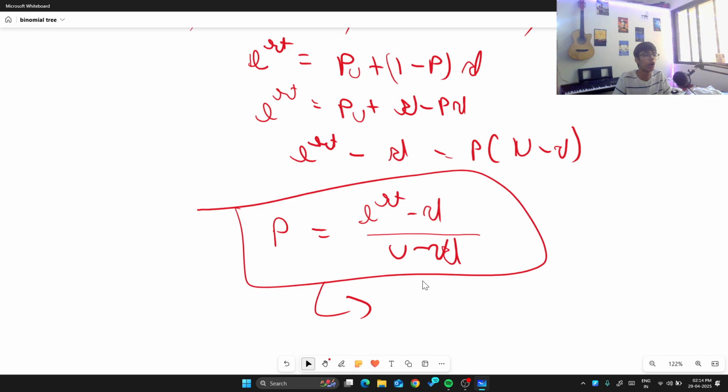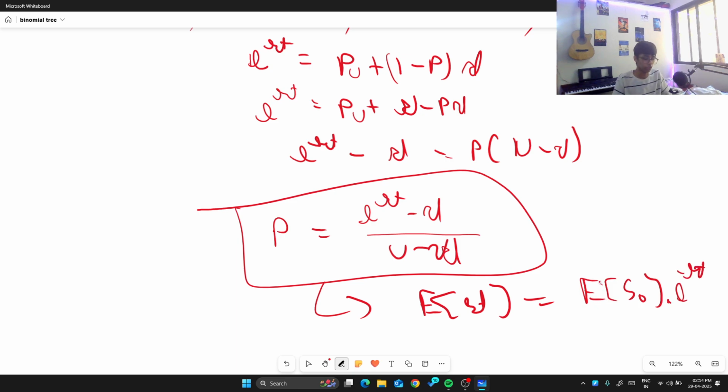So how did we find it? We kept the future expectation equal to the expectation of S0 e^RT, right? And this is like the probability of the stock going up plus the probability 1 minus P of S0 going down.